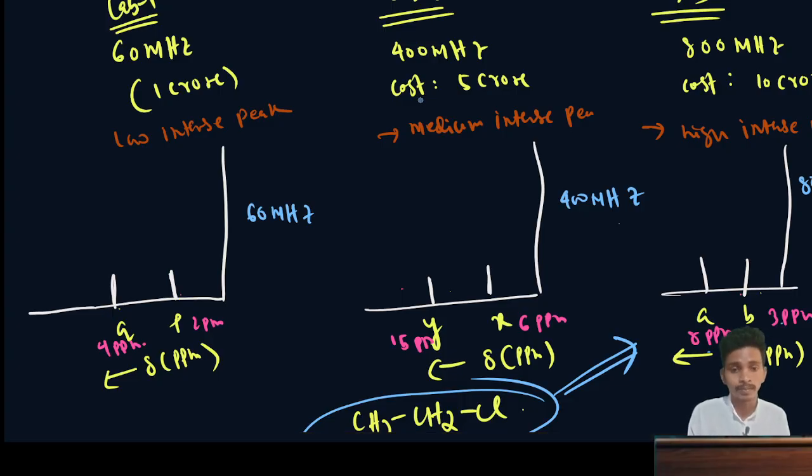The reason is cost. For using an 1800 megahertz instrument we have to spend 10 crore. So it is very tough for labs which are newly established. They can't afford such a high-cost NMR, because they have other expenditures also, and they have to buy other instruments.